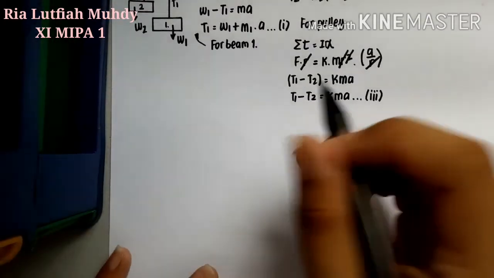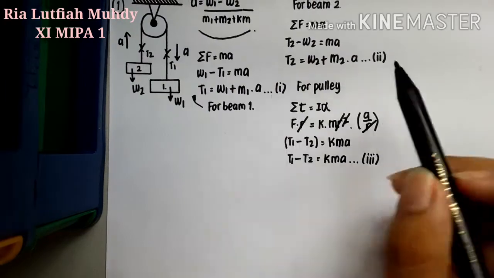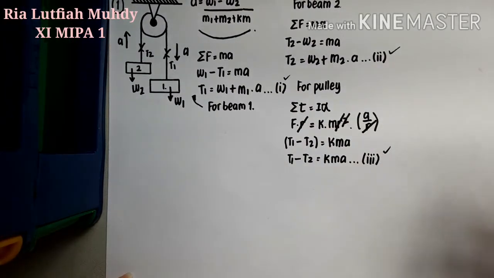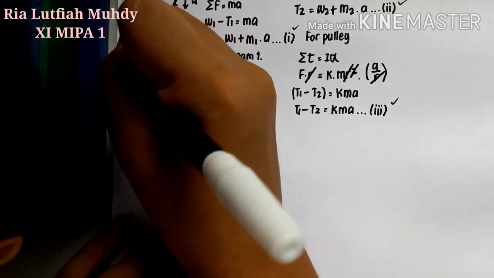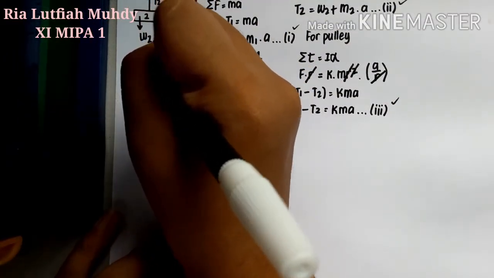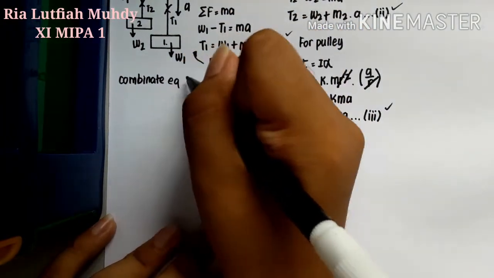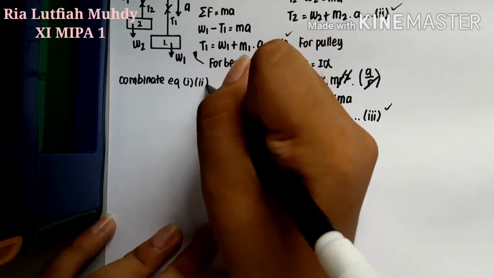The next step is we combine equation 1, equation 2, and equation 3.